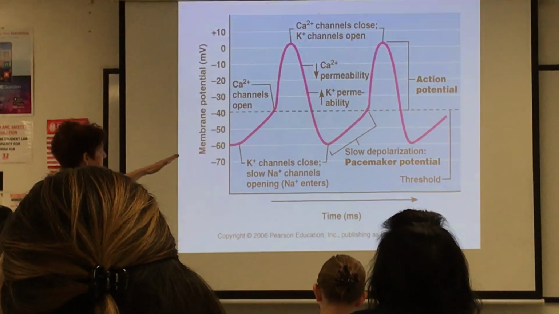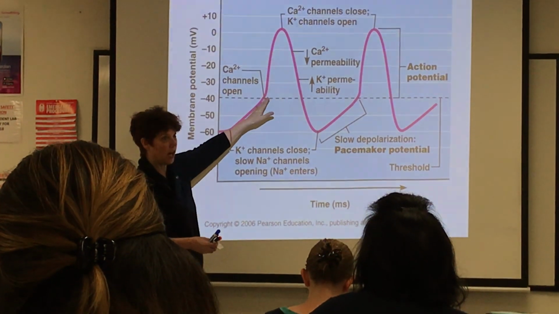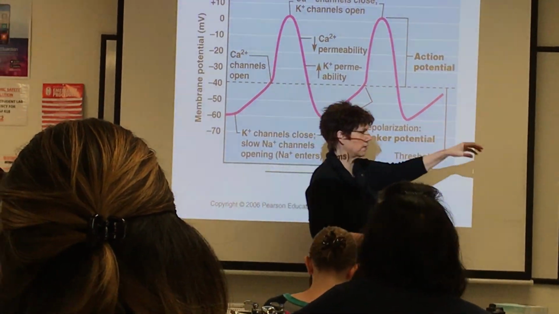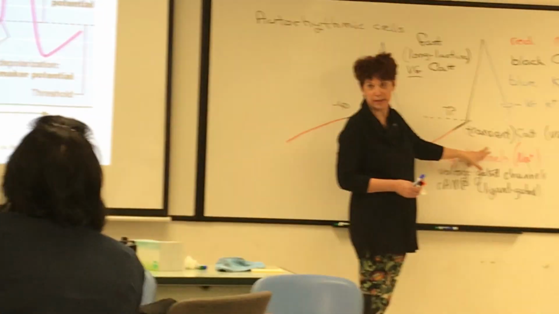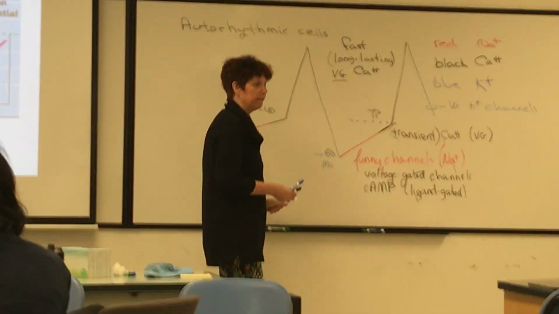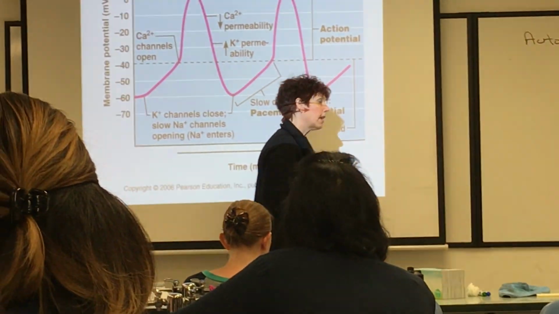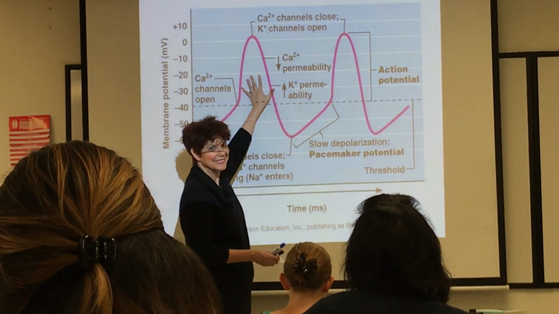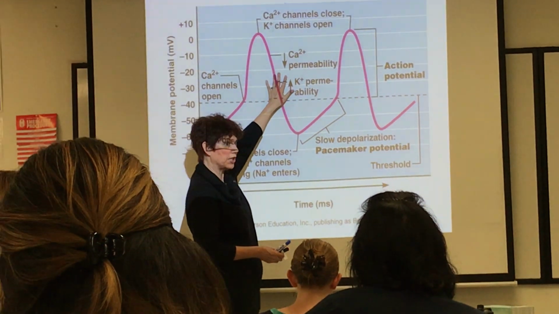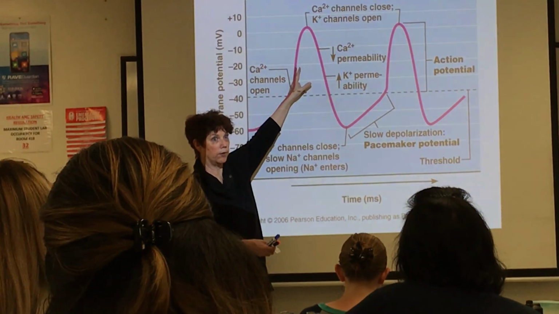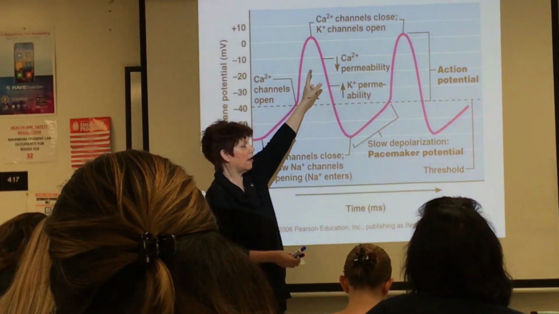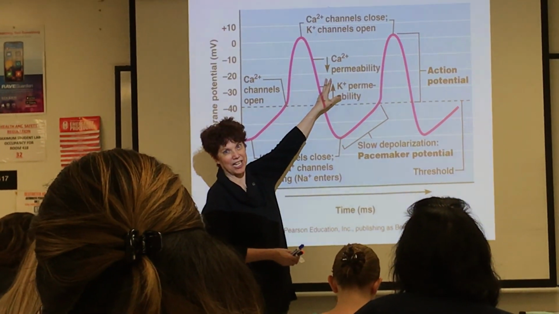In our autorhythmic cells, that graded potential is due to the funny channels and the transient calcium voltage gated channels. Then we have an action potential, and both of these are voltage gated. So we have fast calcium voltage gated channels and our potassium voltage gated channels.